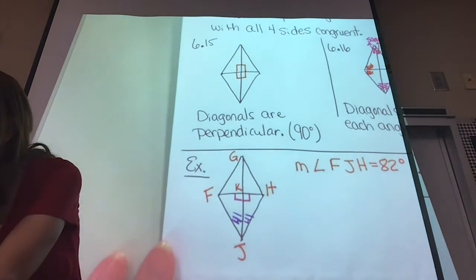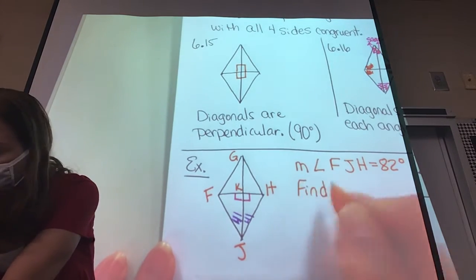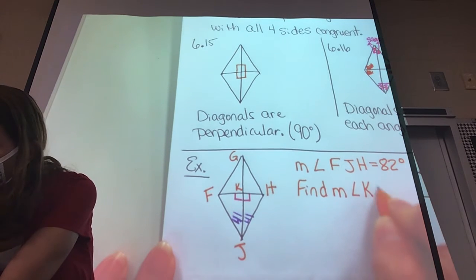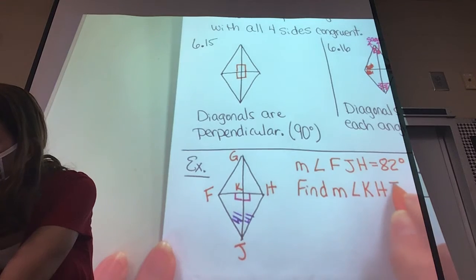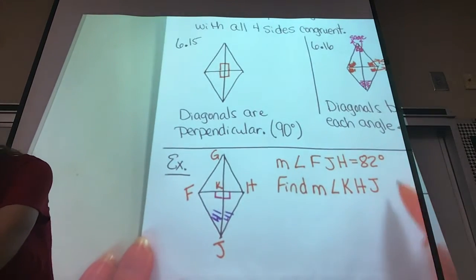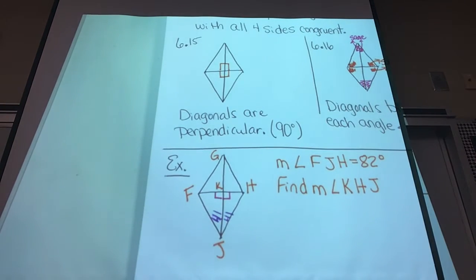Now, what they want me to find is the measure of angle KHJ. They want me to find KHJ. Where is KHJ?